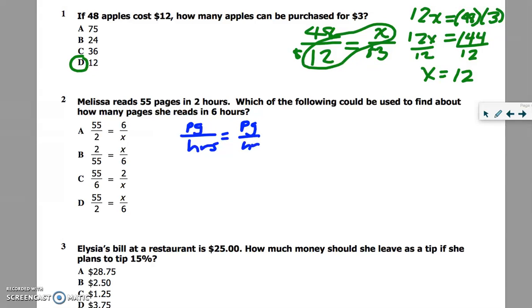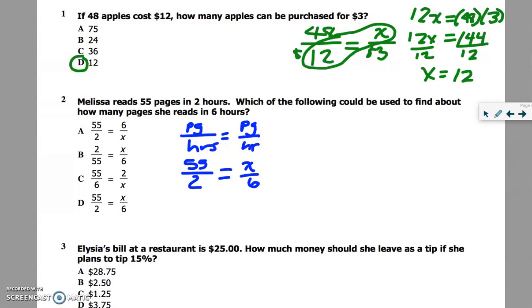Have to be consistent. So 55 pages is to 2 hours as how many pages in 6 hours? We don't know how many pages, so that's our variable X, compared to 6 hours. Hours to hours in the denominator, pages to pages in the numerators.